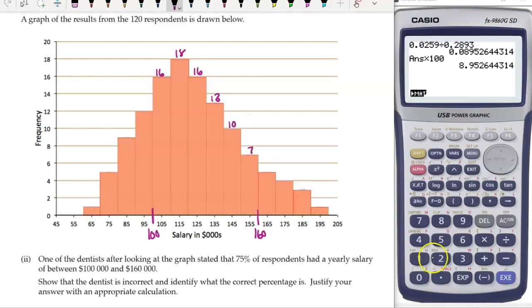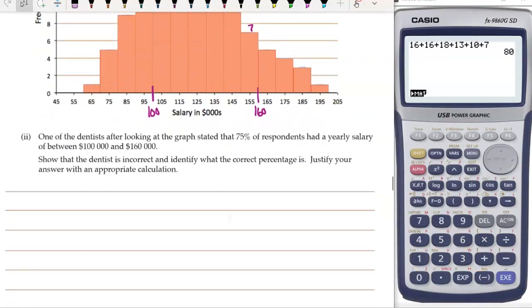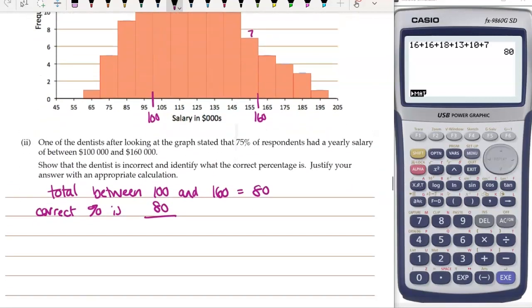So let's add them all up. That comes to 80. So the correct percentage, out of, we had 120 people.